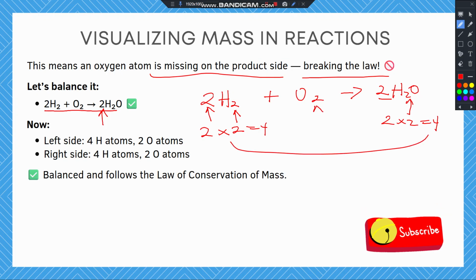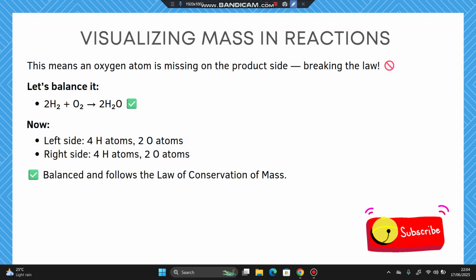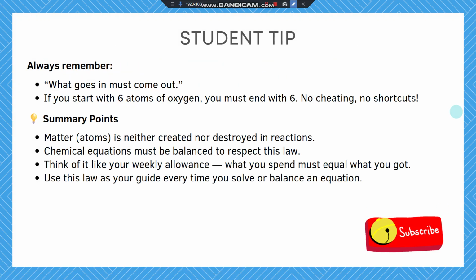Oxygen, you can see on the left hand side, two atoms of oxygen, and on the right hand side, this coefficient also affects this element of oxygen. So we have two atoms of oxygen on the right hand side as well. So both oxygen and hydrogen are balanced, and this has now followed the law of the conservation of mass. What we started with is now the same as what we are ending with.